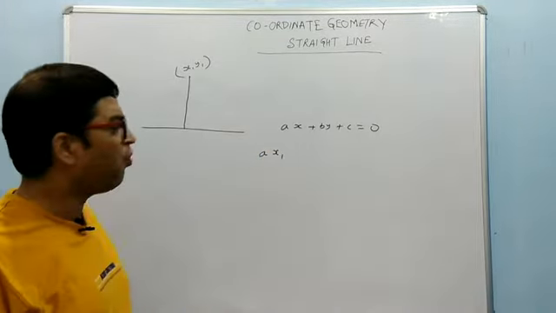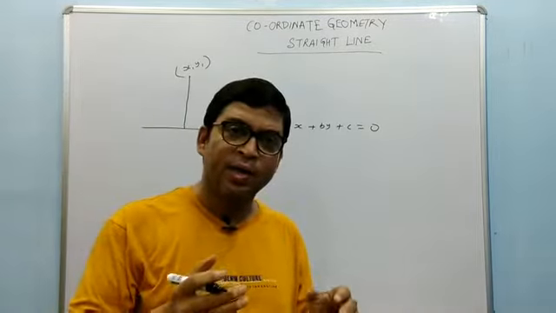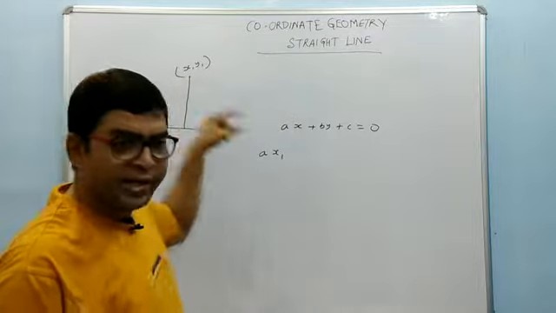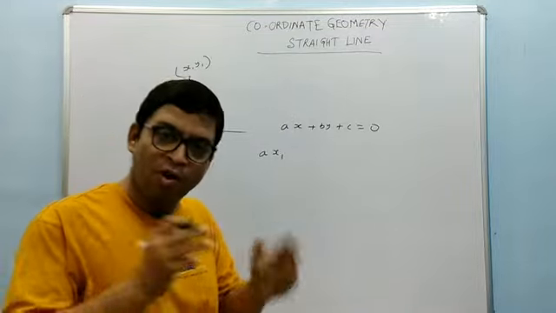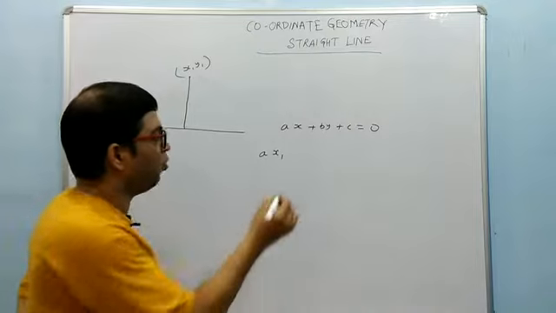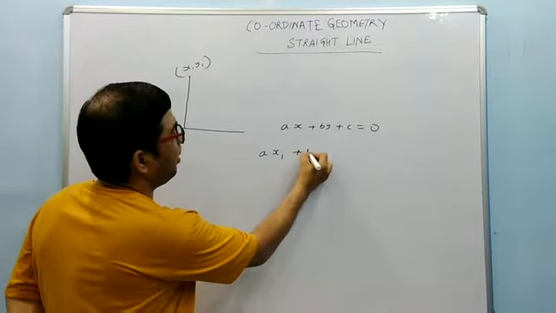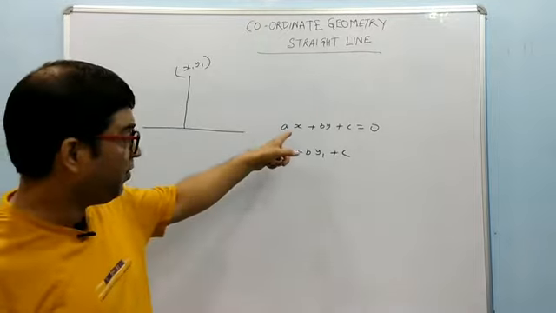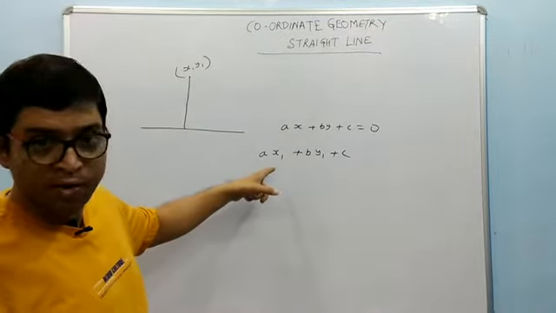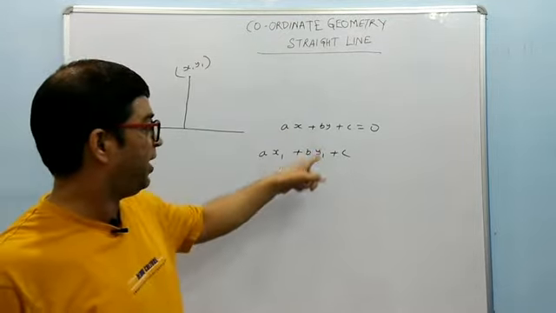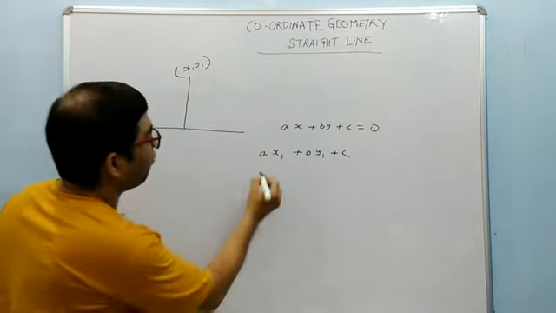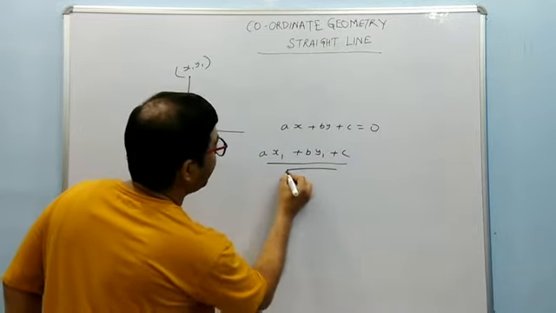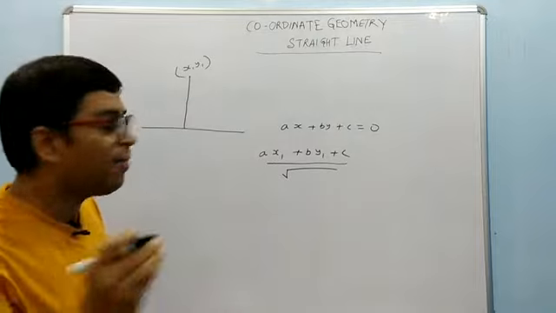What you have to do, for x and y you write the coordinates of the point from where we are dropping the perpendicular, x1 for x and y1 for y, divided by under root a square plus b square.